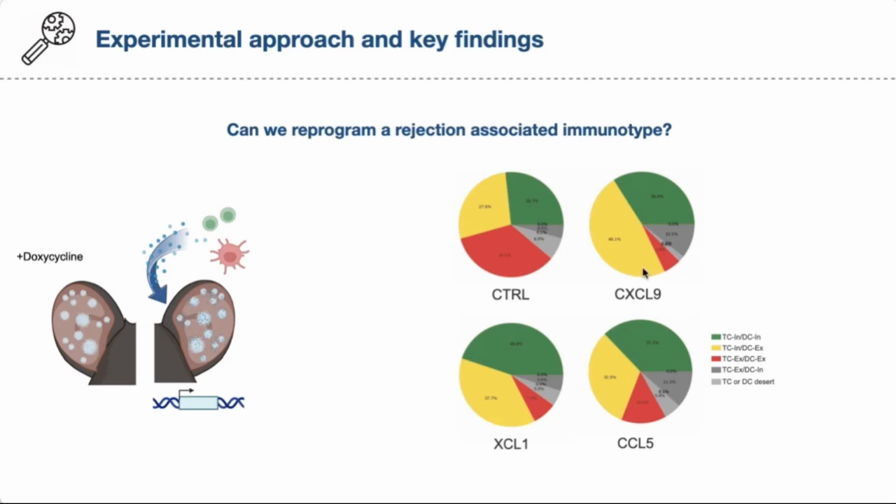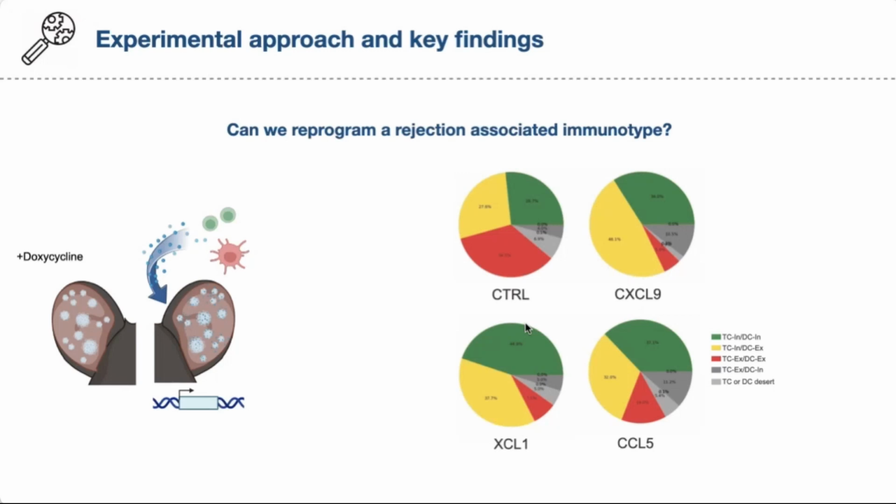And so it looks like it's really specifically acting on T cells without altering the broader localization of dendritic cells. In XCL1, by contrast, now we see a much larger population of this T cell infiltrated, dendritic cell infiltrated population, suggesting that we are acting on dendritic cells upstream of T cells.